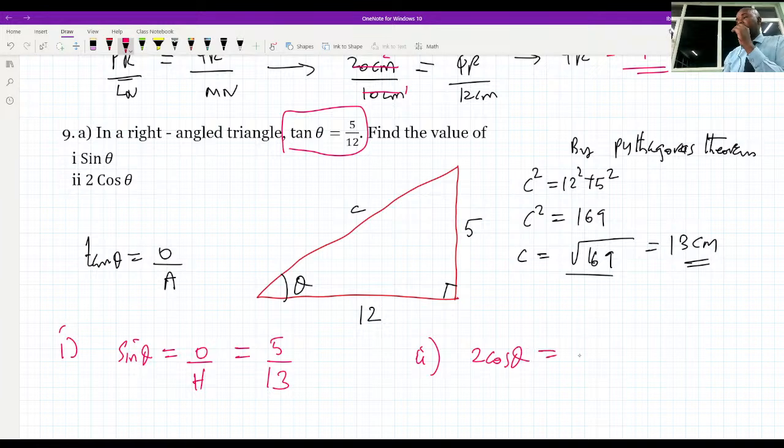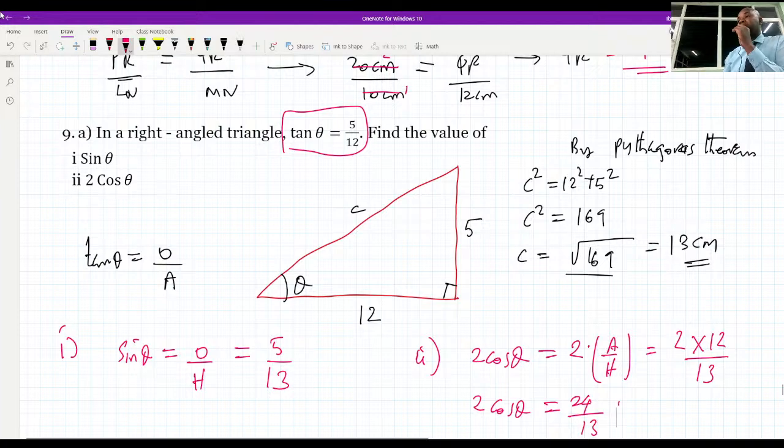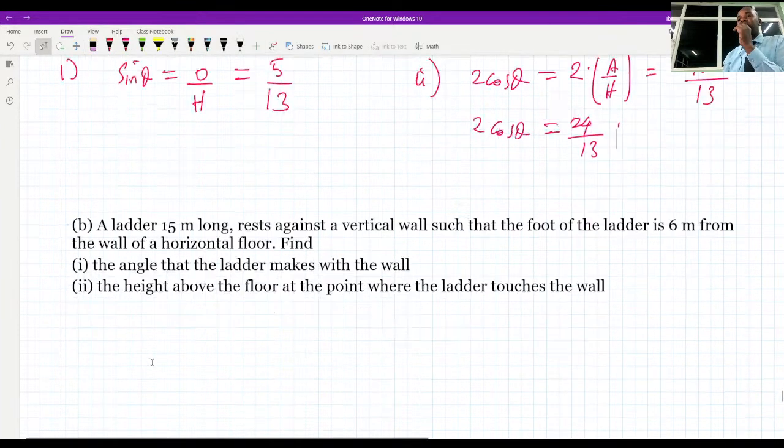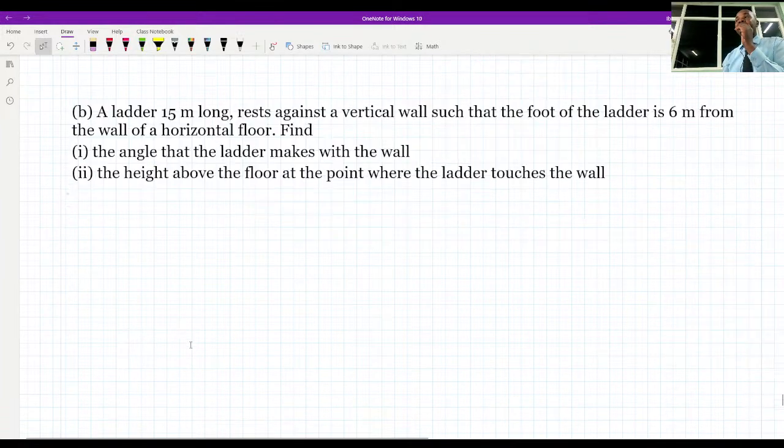This is the same as 2 multiplied by the adjacent side over the hypotenuse side. So you have 2 times adjacent side, it is 12/13. Eventually 2 cosine theta, we get 24/13, dear students.